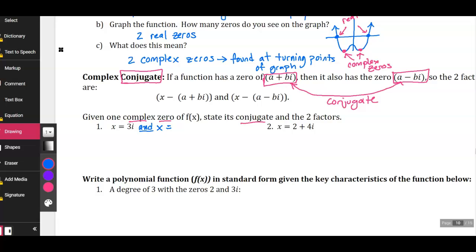Yes, minus 3i. This complex zero is like the bi part of these formulas, right? There is no a in this example. So we just change this from a positive 3i to a minus 3i, meaning that our factors for these zeros are x minus 3i as well as x plus 3i.